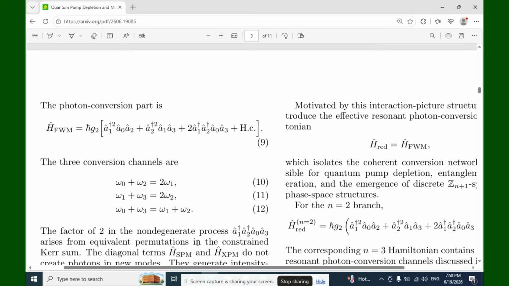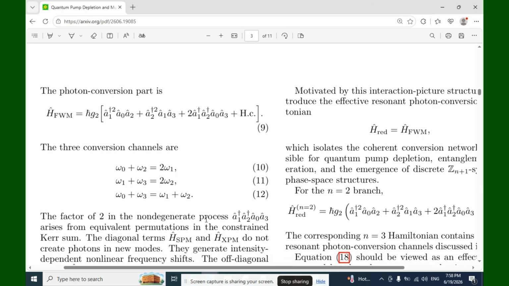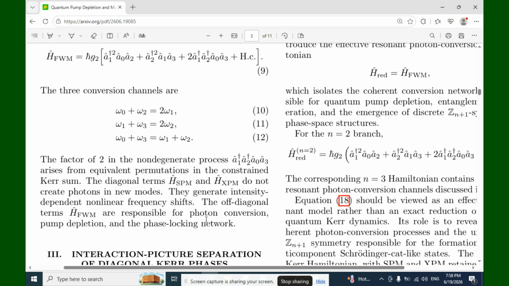The three conversion channels are omega 0 + omega 2 = 2 omega 1, omega 1 + omega 3 = 2 omega 2, and omega 0 + omega 3 = omega 1 + omega 2. The factor of 2 in the non-degenerate process alpha_1^† alpha_2^† alpha_0 alpha_3 arises from equivalent permutations in the constrained Kerr sum.